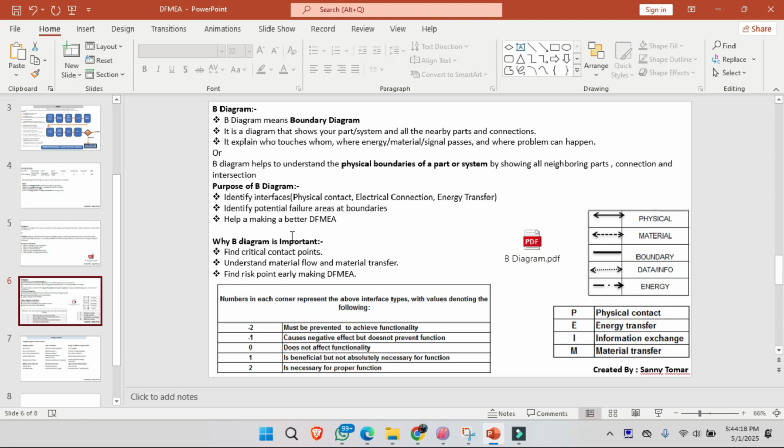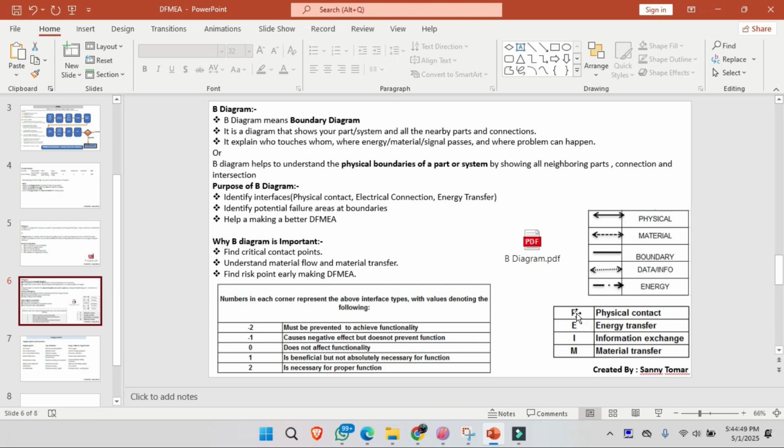And why is the B diagram important? It finds critical contact points, helps understand material flow and material transfer, and finds risk points early for making the DFMEA. And also you can see here the chart of how we can show the physical contact, the material transfer, the data information and the energy transfer with the help of arrows.